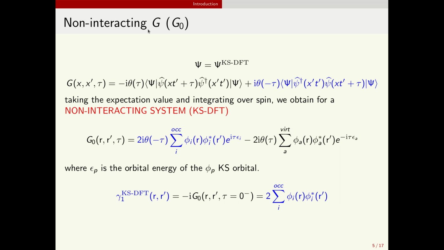For a non-interacting system, which is usually denoted as G0, if we take the wave function as that of the Kohn-Sham DFT Slater determinant and we plug it into this equation, we obtain, after taking the expectation value and integrating over spin, this expression for the Green's function of the non-interacting system, where we easily recognize the part that in the limit when tau tends to 0 from the left recovers the expression of the 1RDM.